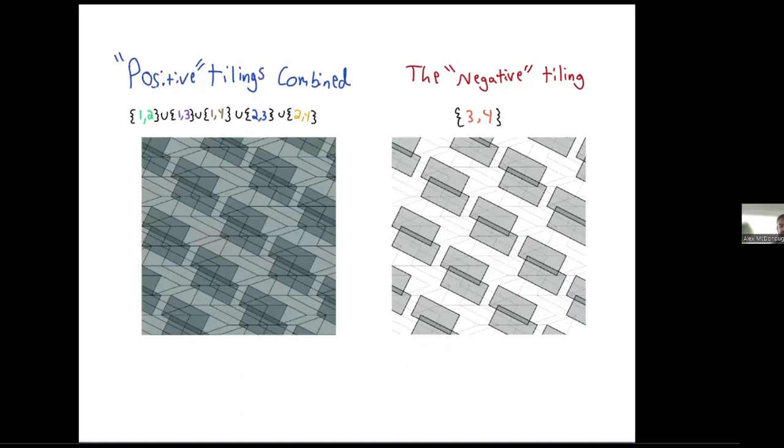You'll notice that this is very similar to the negative tile that was on the right. So if we subtract this negative tile, what we get is just a covering of the plane. Originally this is in 4 dimensions, but it's possible to view it in 2 dimensions, and we don't end up losing any information in this case.